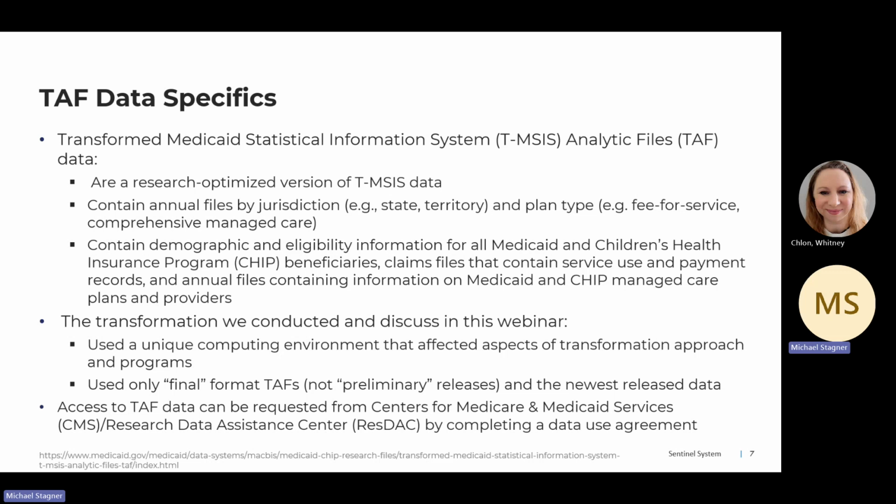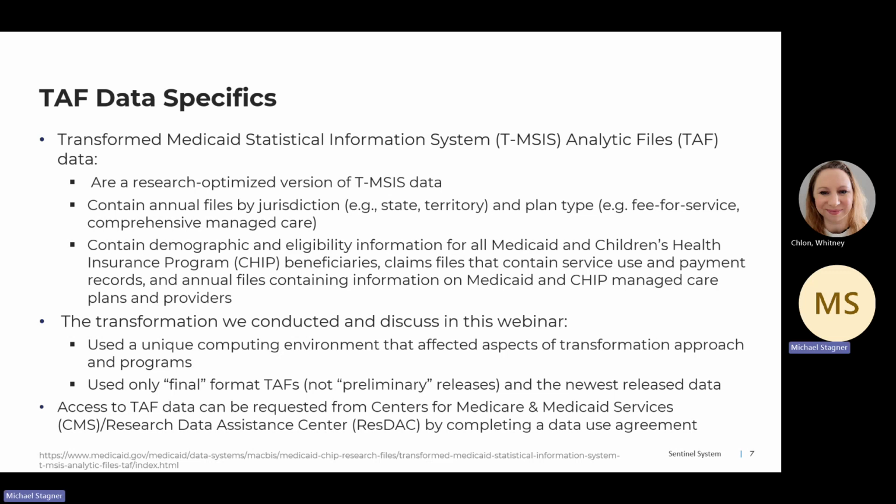They contain annual files by jurisdiction and plan type, and contain demographic and eligibility information for all the beneficiaries, the claims files that contain service use and payment records, and annual files on the different types of Medicaid and CHIP plans and providers.